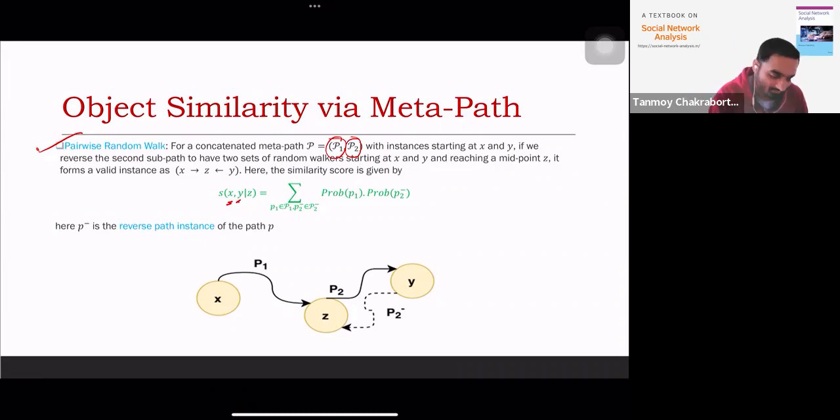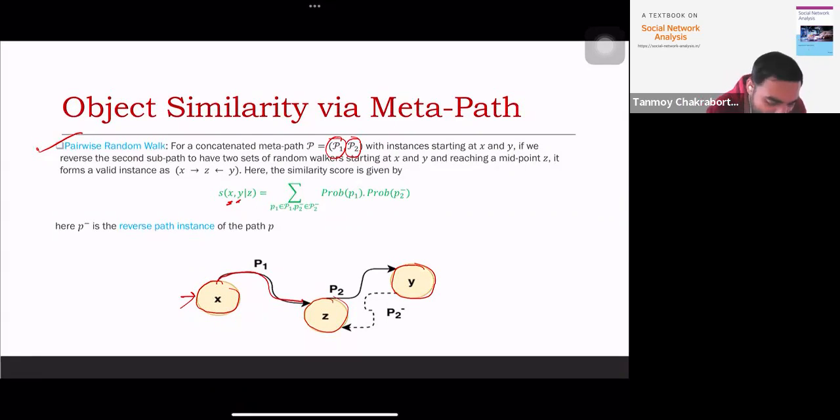So what is the probability that the random walker starting from X follows a particular metapath P1 and reaches Z, and another walker starts from Y, follows path P2? Not exactly P2 inverse, I'm telling you why.